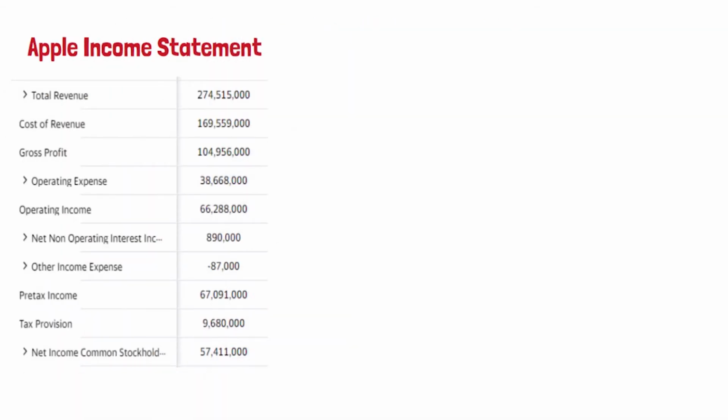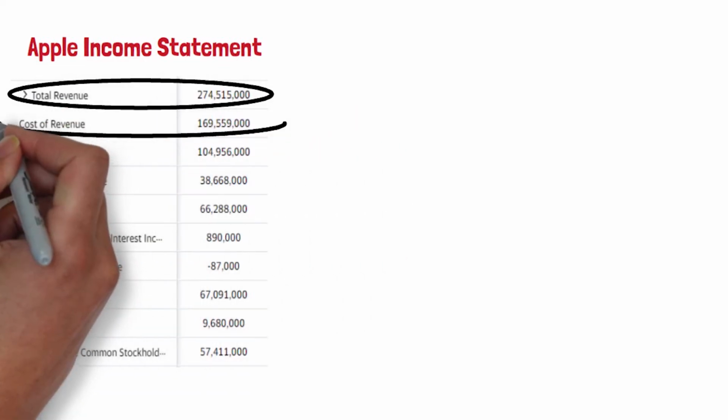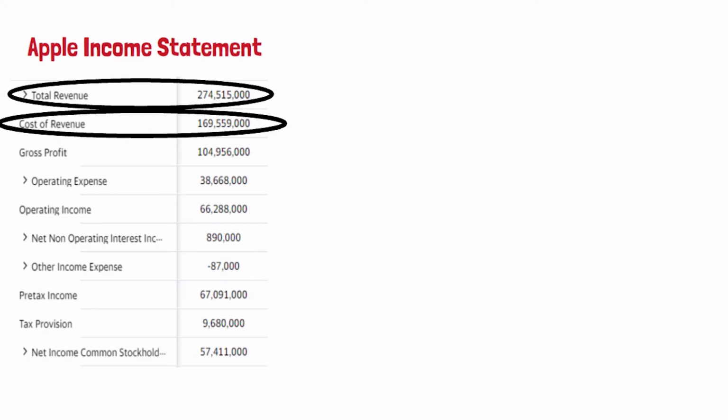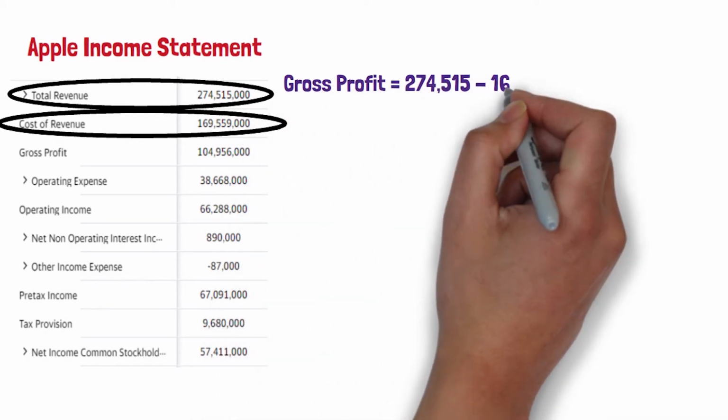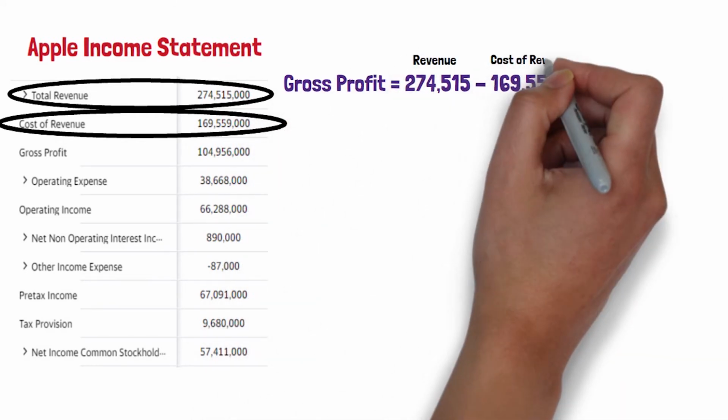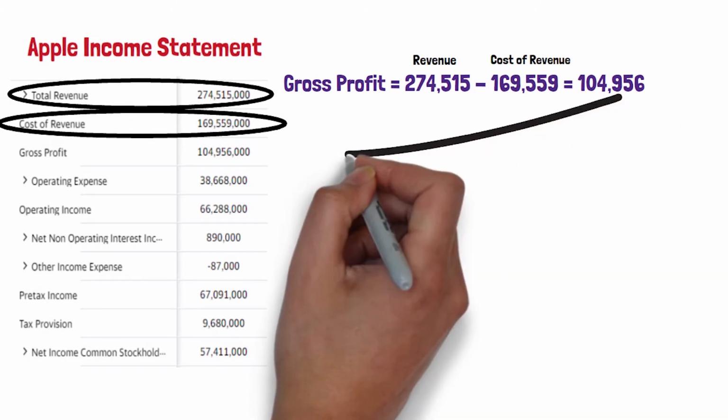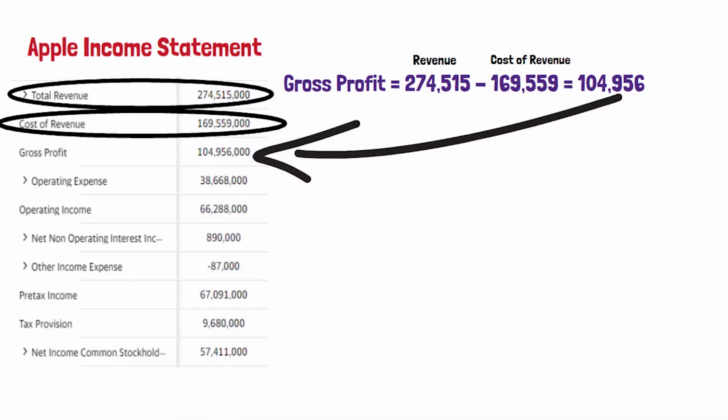This is a part of the income statement, and we can use it to derive all the information required to calculate the gross profit margin. To calculate the gross profit, we subtract the cost of goods sold from the revenue, which equals a gross profit of about $104 billion. The gross profit is always included in companies' income statements.